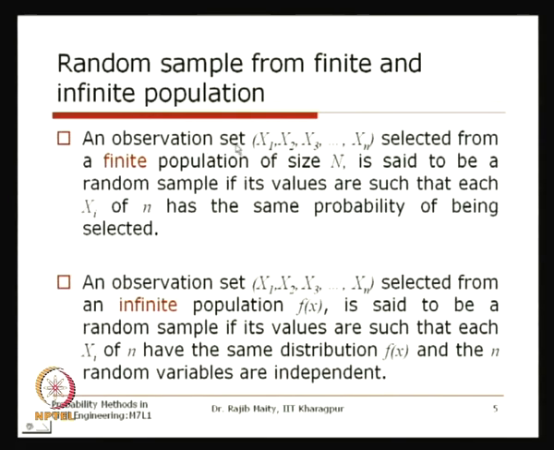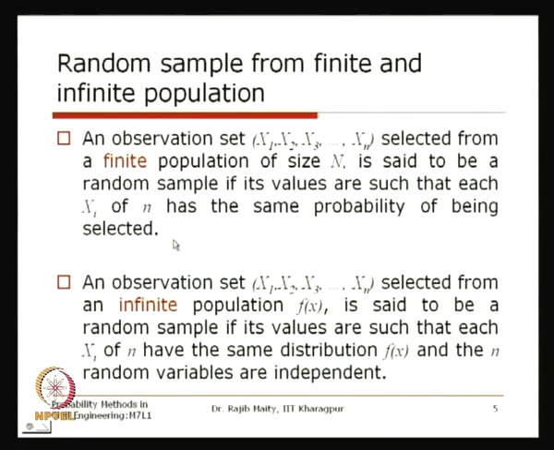An observation set x1, x2, x3 up to xn is selected from a finite population of size N, so the entire size of the population is N. It is said to be a random sample if its values are such that each xi of N has the same probability of being selected.